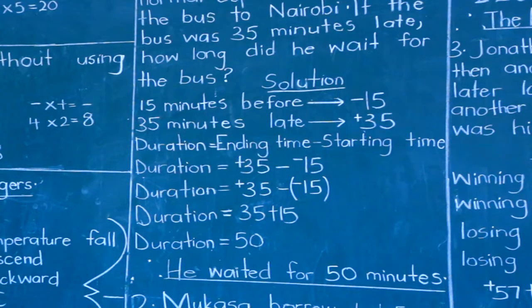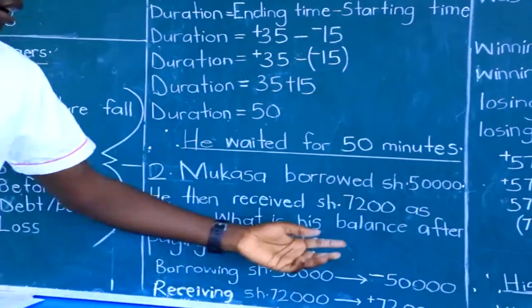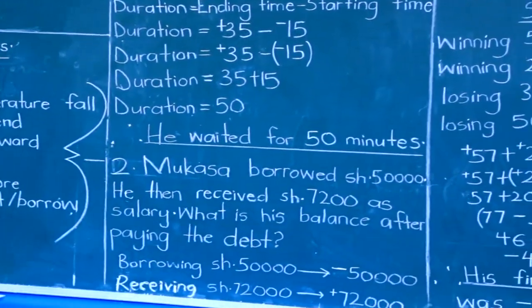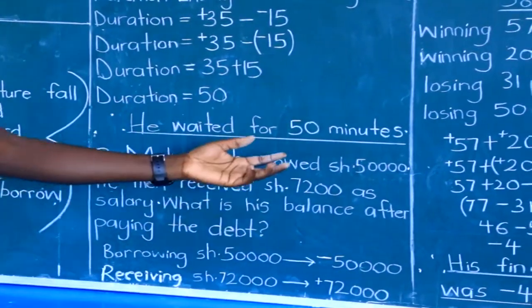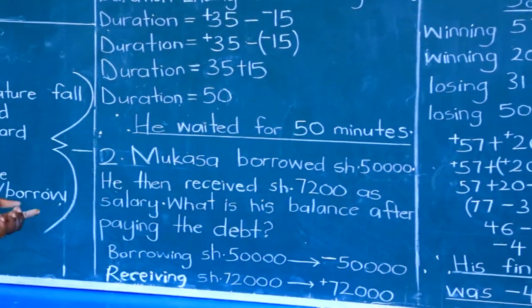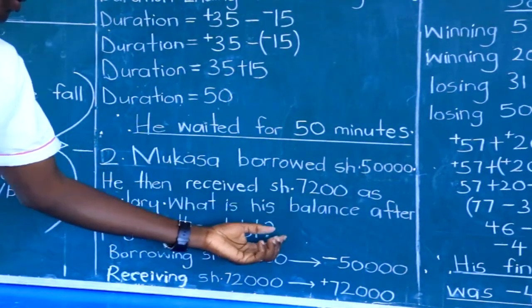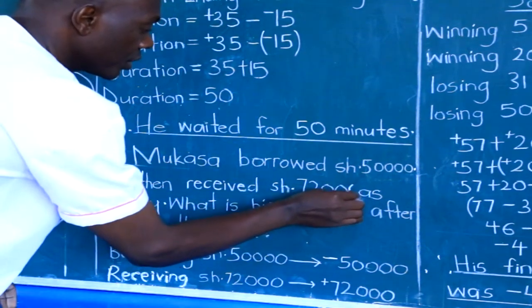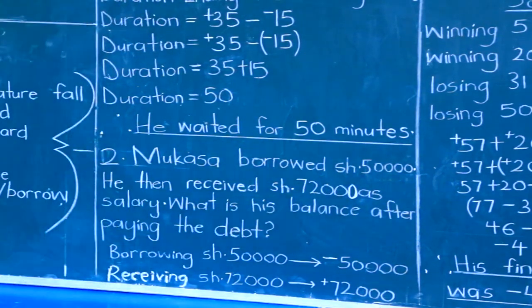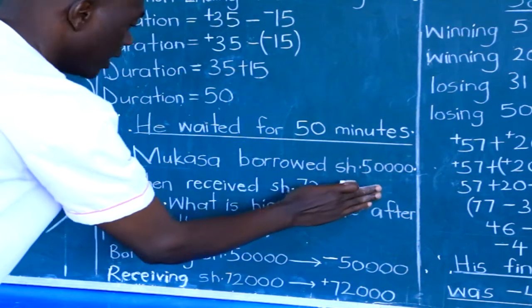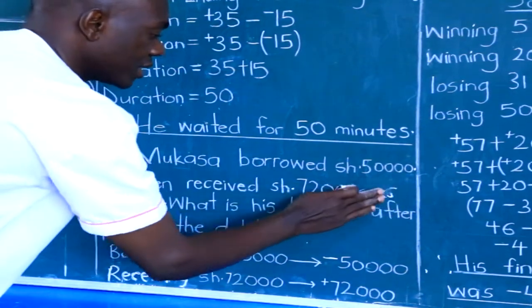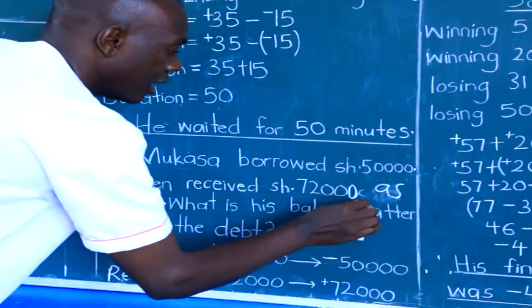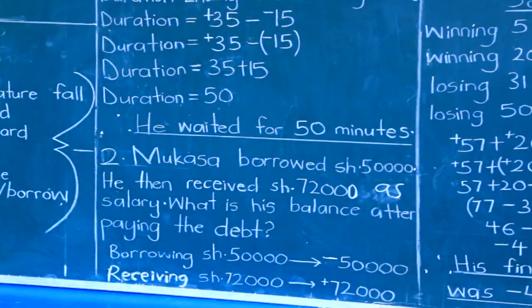Before we look at number 2, that reads, Mukasa borrowed 50,000 shillings. He then received 72,000 shillings as salary.